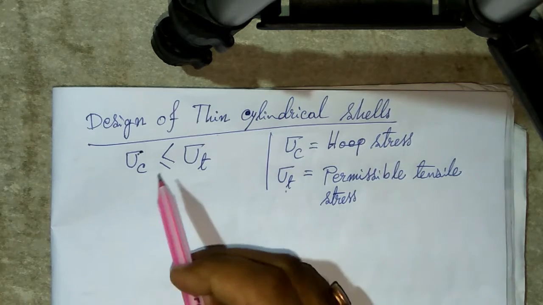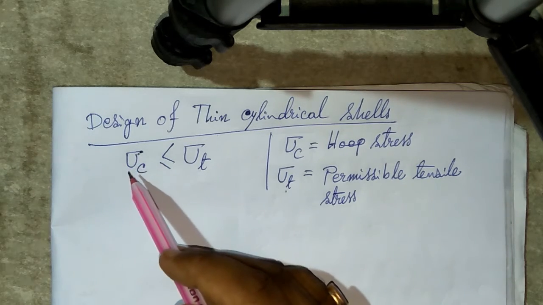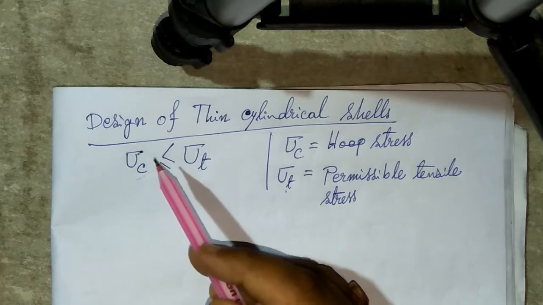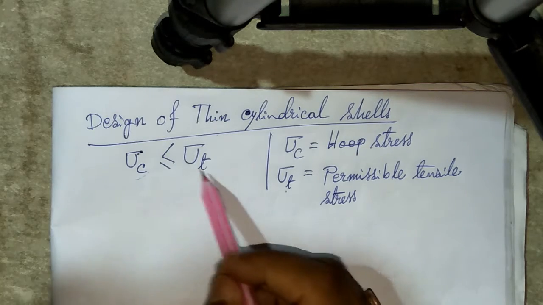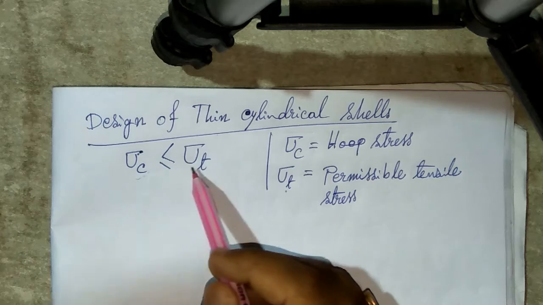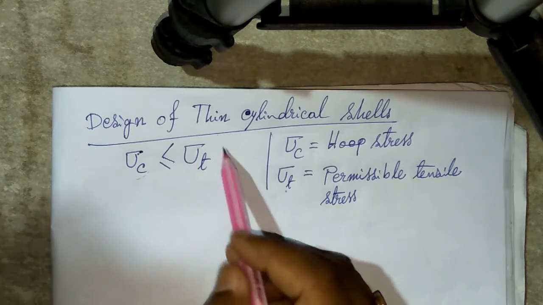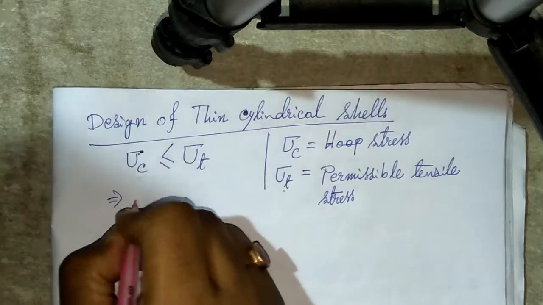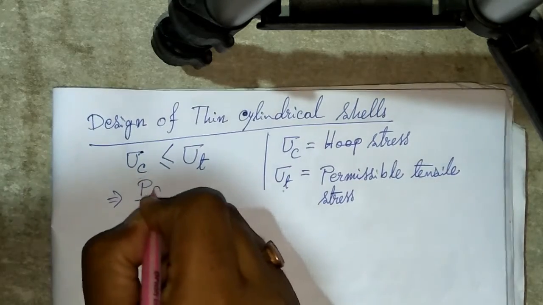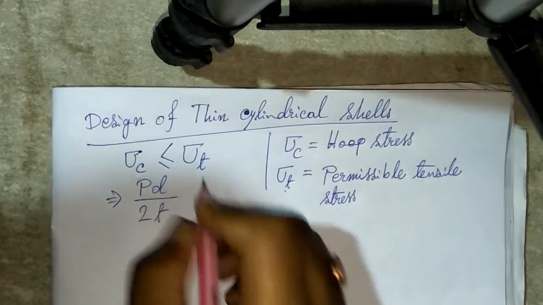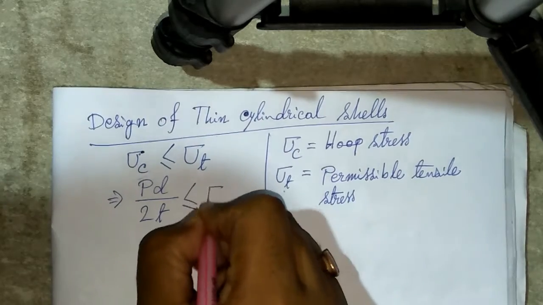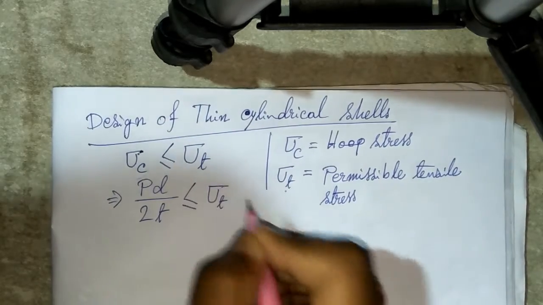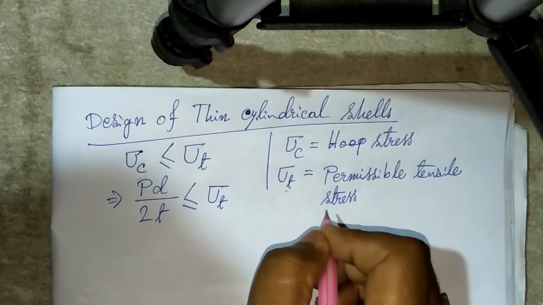Mathematically we can write that sigma c, the hoop stress or circumferential stress, is less than or equal to the permissible tensile stress, or sigma c is p d by 2t, which must be less than or equal to sigma T. Sigma T is the permissible tensile stress.